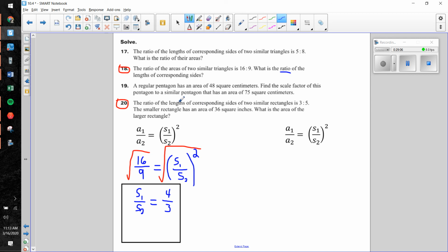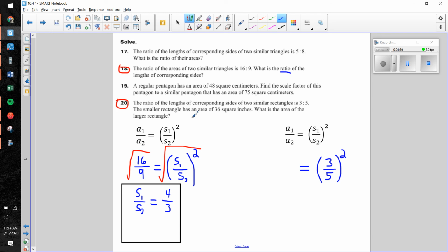Okay, what do we have? The ratio of the lengths of corresponding sides is 3 to 5. So what's over here on the right in parentheses, the ratio of sides is going to be a 3 to 5. So that goes here. Close off the parenthesis. Don't forget to square that. What else are they telling us here in number 20?